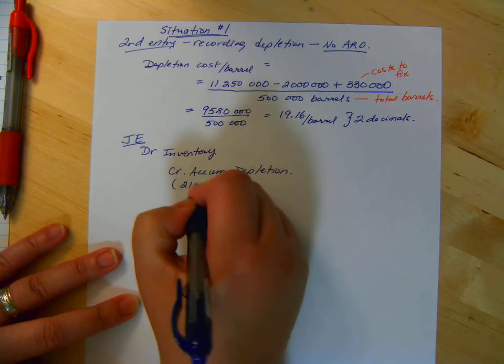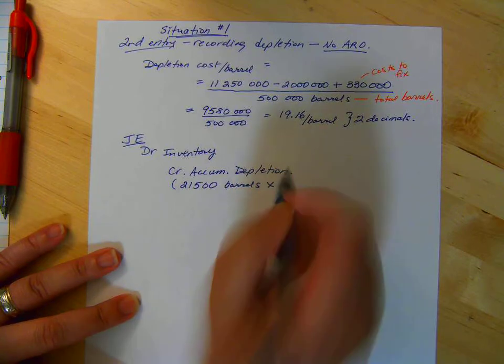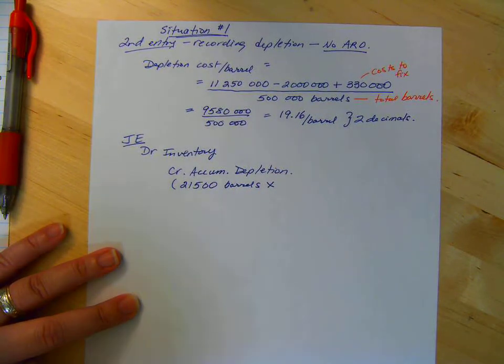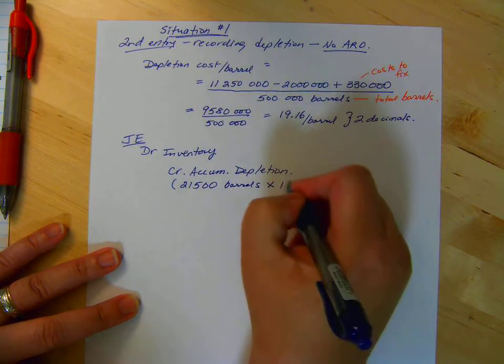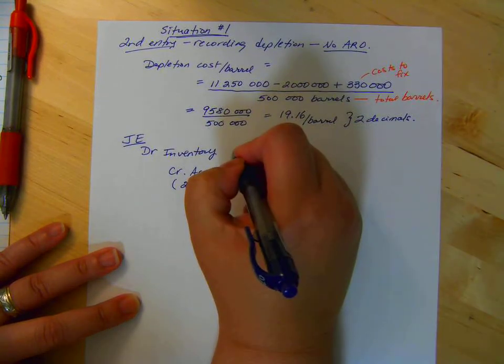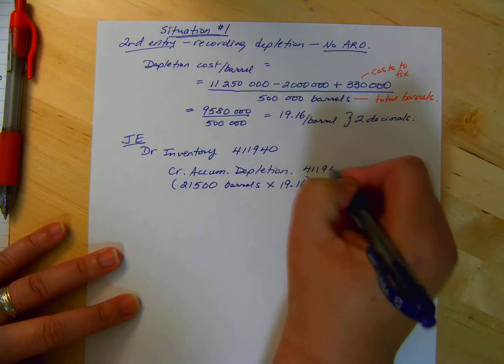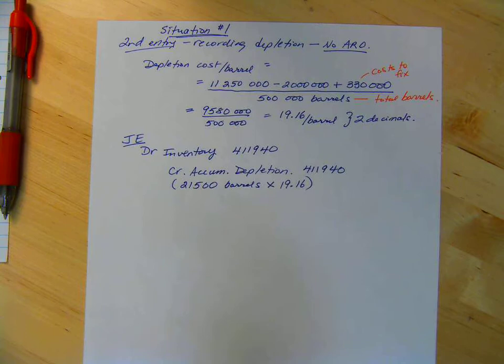Well, 21,500. And how much is the depletion per barrel? 19.16. So that, and you guys, I hope my math's right because I just redid this question. 411,940 to add in the land to make sure that's covered. And I just wanted to make sure it was good.